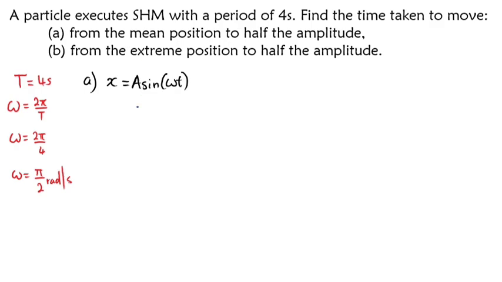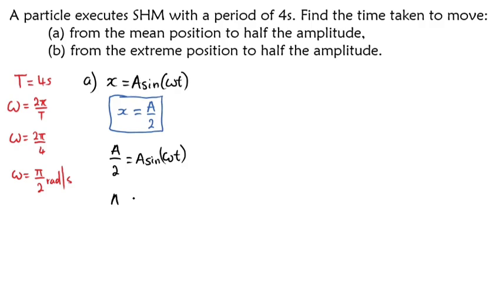This means that the displacement itself is half the amplitude. So displacement will be replaced by half the amplitude. That means I'll replace x with a over 2, and this is equal to a sine omega t. If I multiply everything by 2, I'll simply get a is equal to 2a sine omega t.